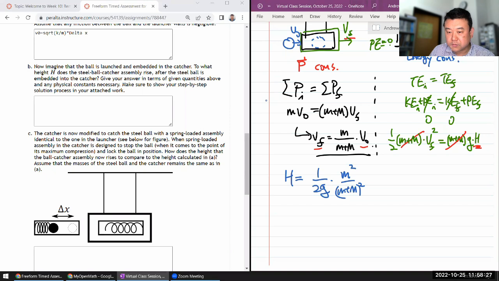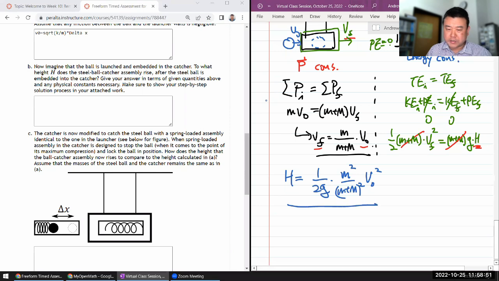Wait, I did something wrong. Oh, no, it's fine. I think that's right. Just making sure I didn't miss something. This is the problem of doing algebra in your head. Yeah, I think it's fine.